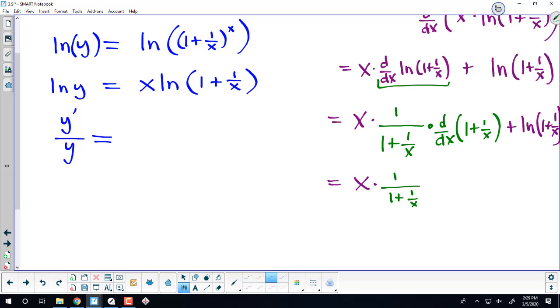Plus the derivative of 1 over x? You've got two choices, right? You could use a quotient rule for the derivative of 1 over x, or you could rewrite 1 over x as x to the negative 1. So negative 1 times x to the negative 2. Is that the derivative there? Negative 1 times x to the negative 2, or negative 1 over x squared?